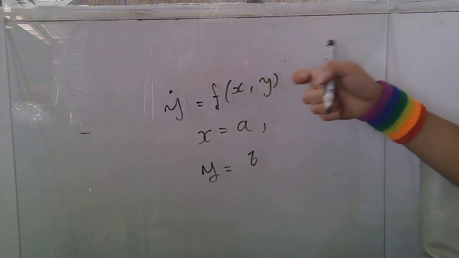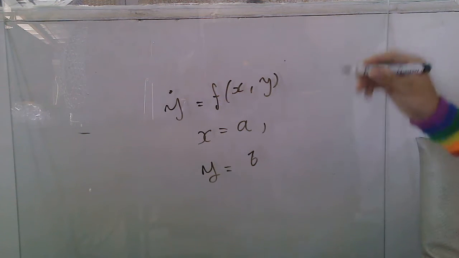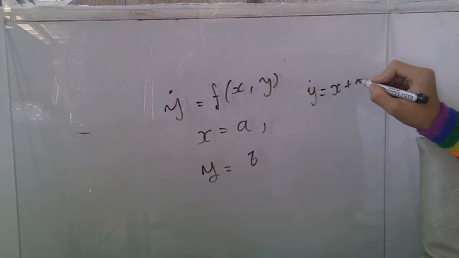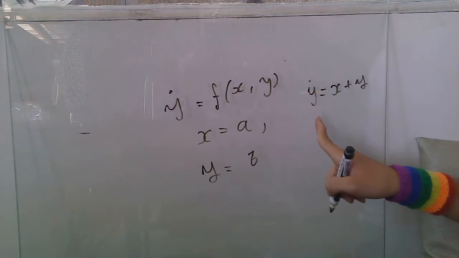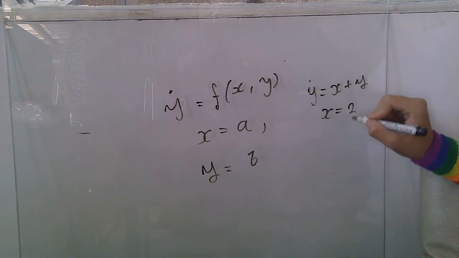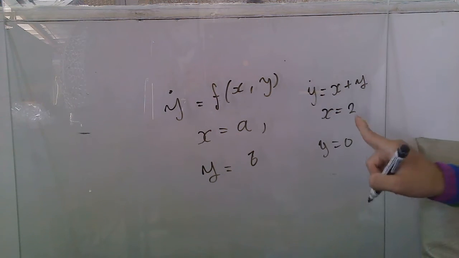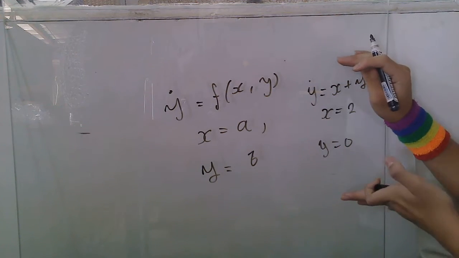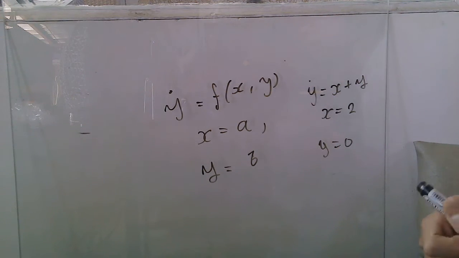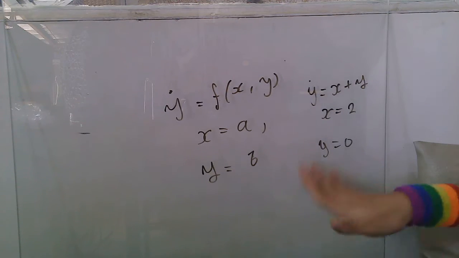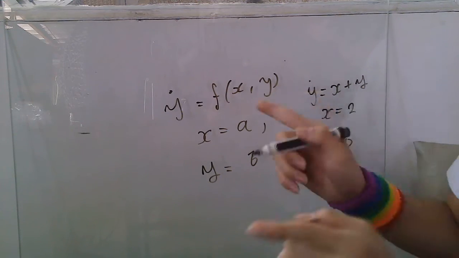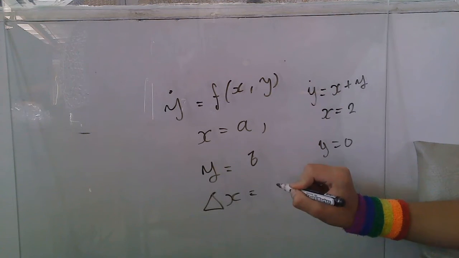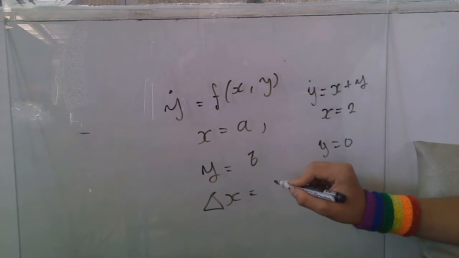Given this initial value problem, like say y dot is equal to x plus 1, and such that at x equals 2, y is 0, right? 2 is a root. Given this kind of initial value problem, we can use Euler's method to approximate y, given some prescribed delta x, c.